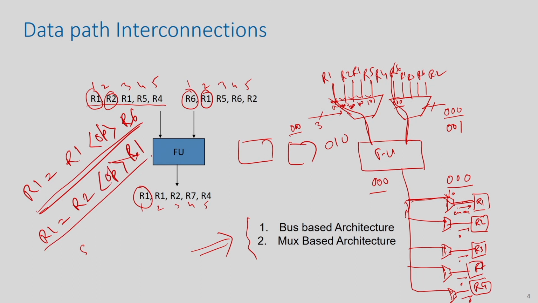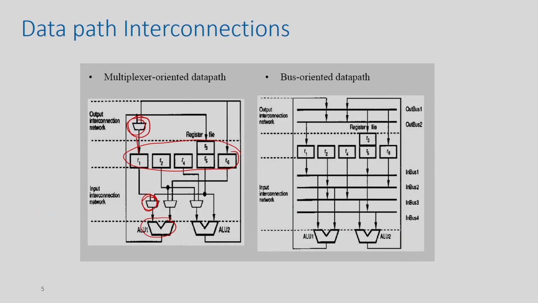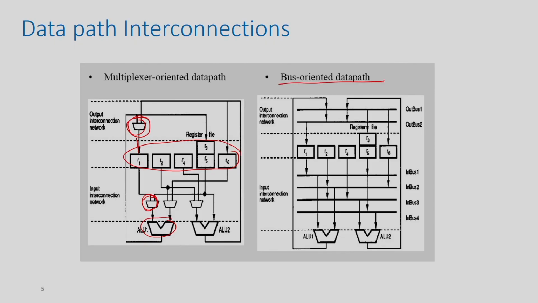This is how the connections will happen. This is what mux based architecture is: you put muxes at the inputs of the registers as well as the FUs, and based on the connection requirement you put the control signals. During the generation of the controller FSM you assign the proper control signals, so that the expected operation happens in those FUs.